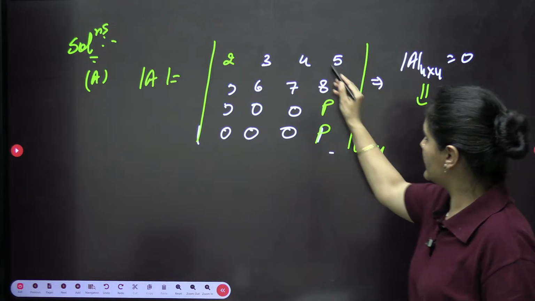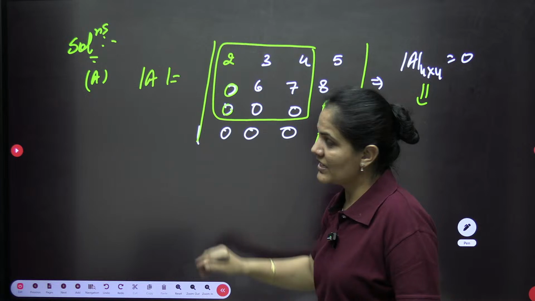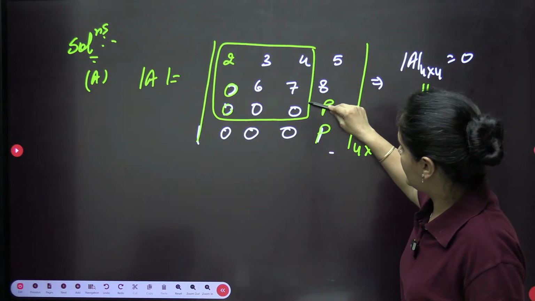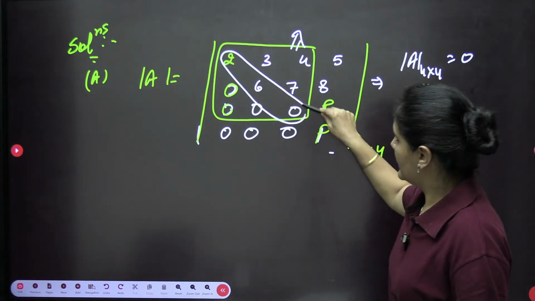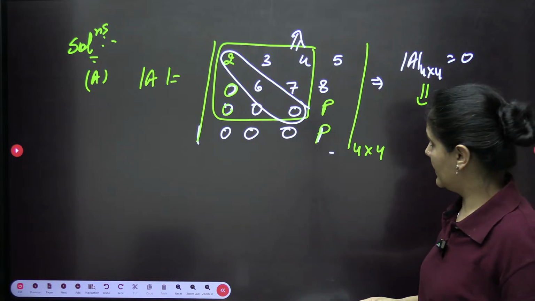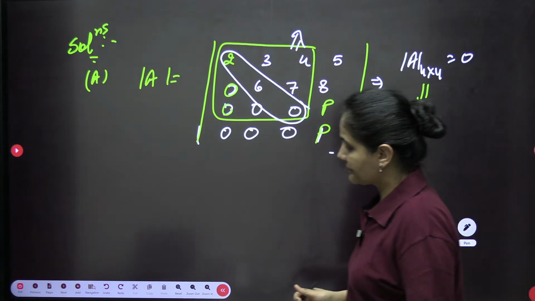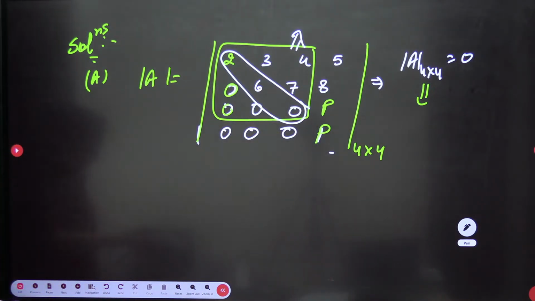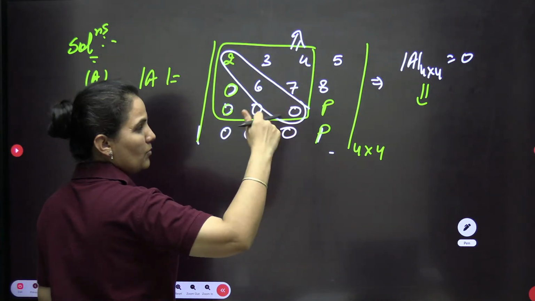So 4 cross 4 is 0, then what you need to do is check the 3 cross 3. When you check the 3 cross 3, the very first minor is nothing but the principal one, where alpha is 0, so this is 0. So the rank of the matrix is less than 4.